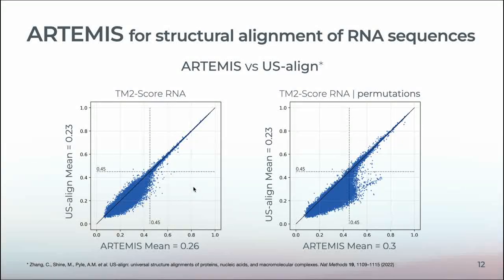Also, we know that a pair of structurally similar chains can contain permutation, and because ARTEM is topologically independent, we allow ARTEMIS to find and perform alignments with permutation, and this gives us better results.